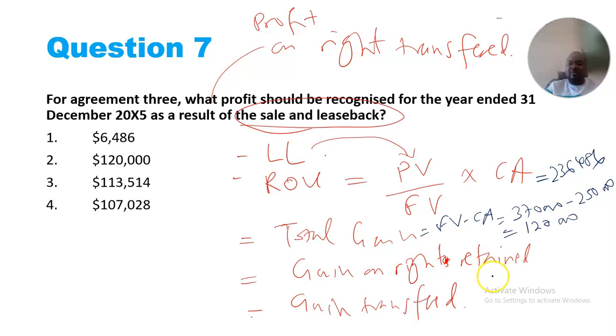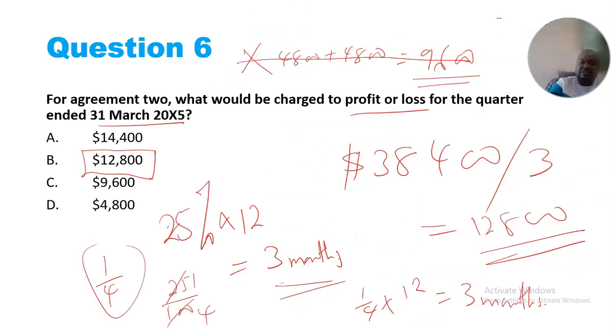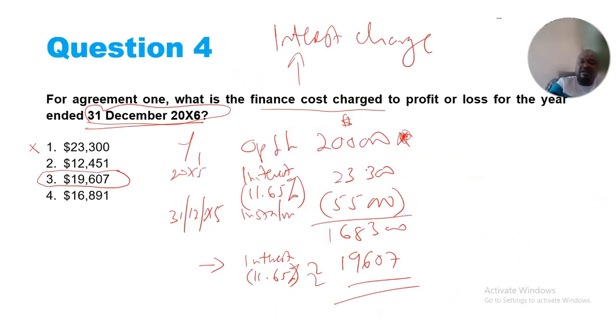120,000. So what about the gain retained? Gain retained is 120,000 multiplied by the present value over the fair value of the asset. The present value, as we have seen, was 350. It has been calculated by the examiner for us.